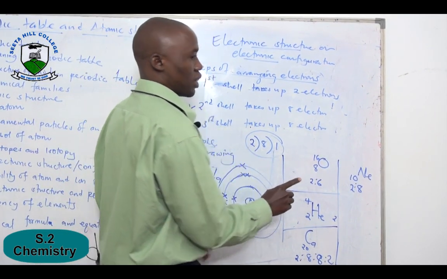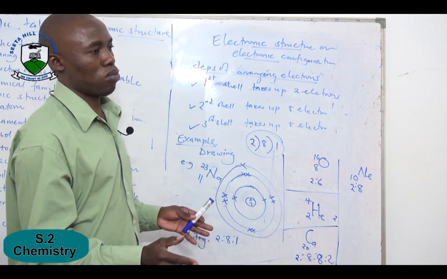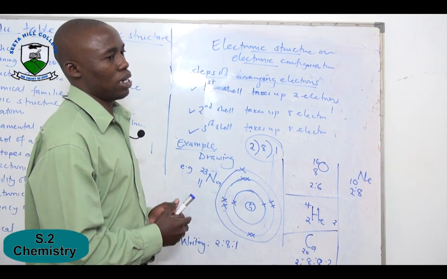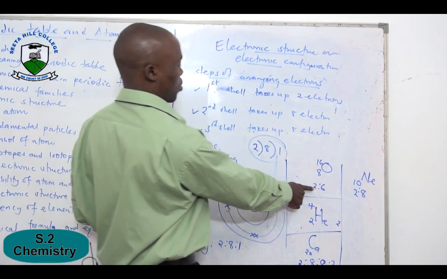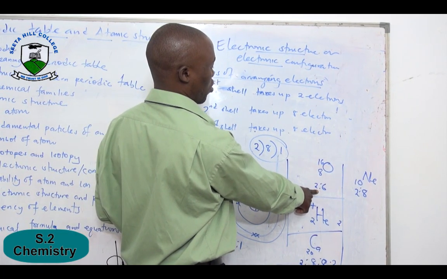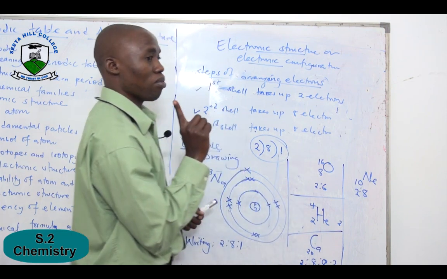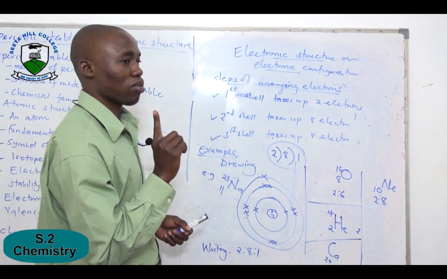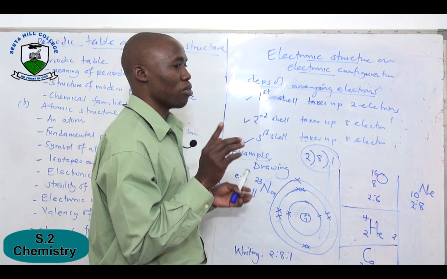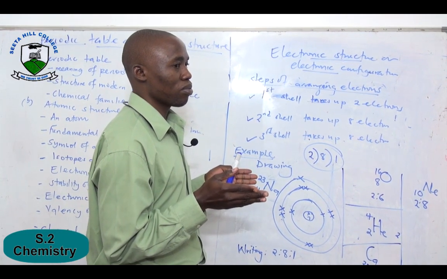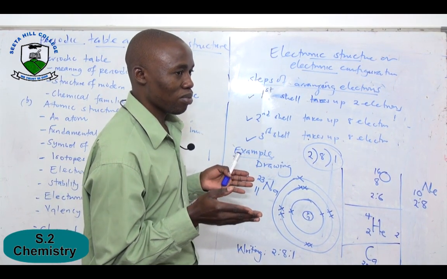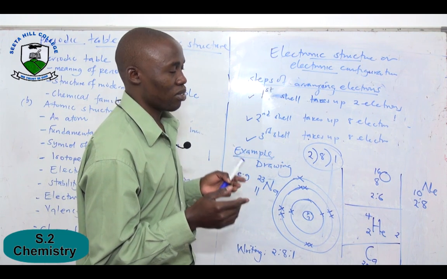Is oxygen stable? Why? Because it has more than 1 shell, and the second shell that it has is not complete.